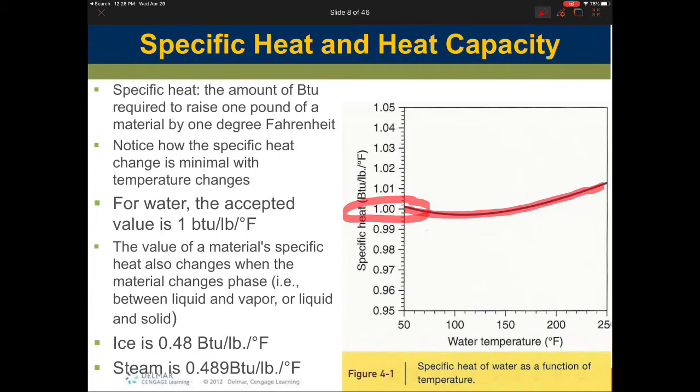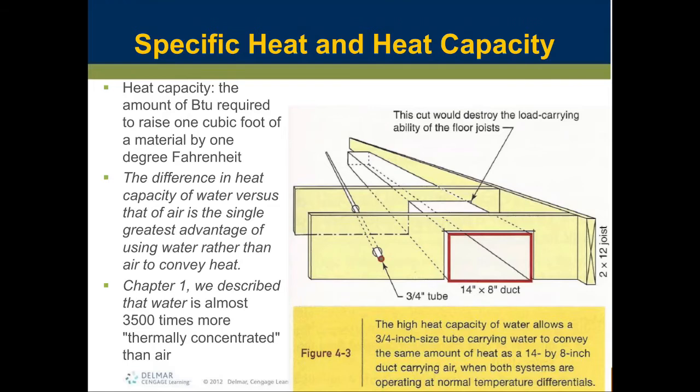It's the same substance, but in a different form. So it can have changes in specific heat, and that's the point I wanted to make. Steam, the same thing. Water has an accepted value that we use in the industry of 1.0 BTUs per pound per degree Fahrenheit. So it's a very essential component of that.